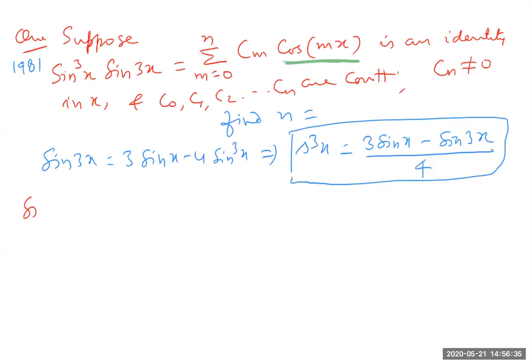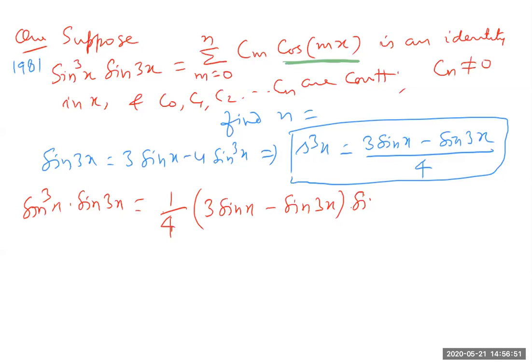So sine cube x into sine 3x is equal to 1 upon 4 into 3 sine x minus sine 3x multiplied by sine 3x. So this will be 3 upon 4 sine 3x into sine x minus 1 upon 4 sine square 3x.